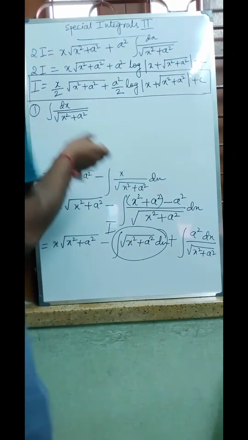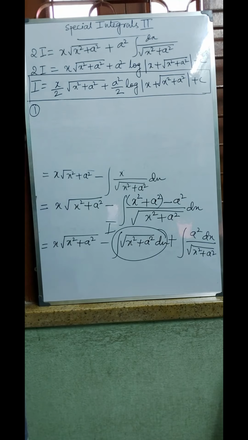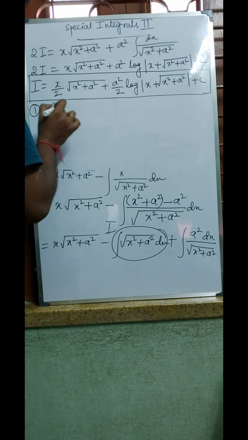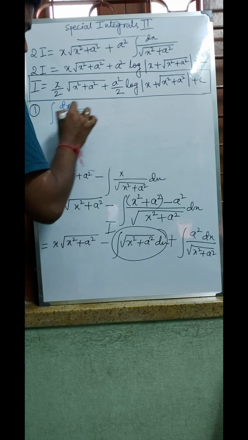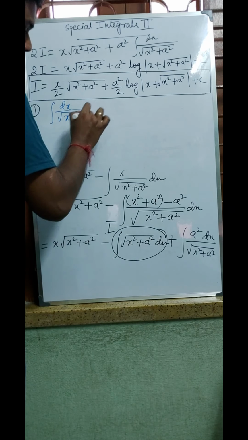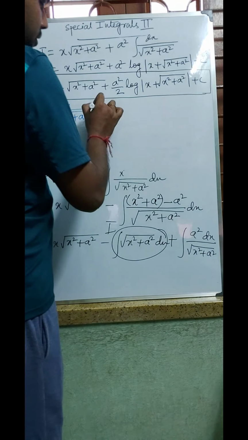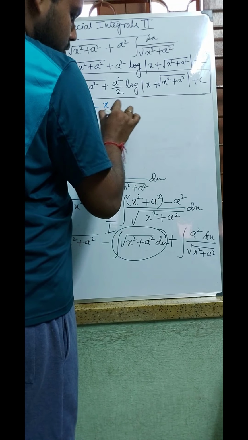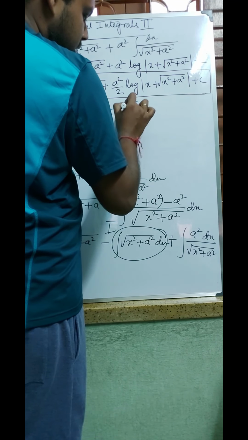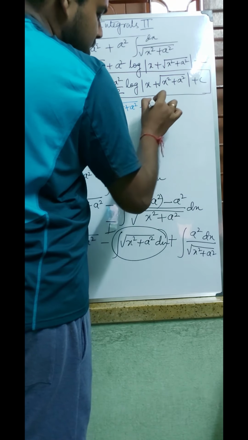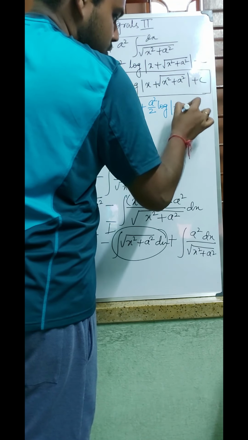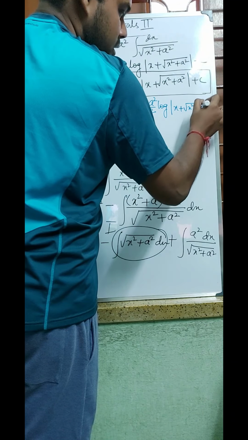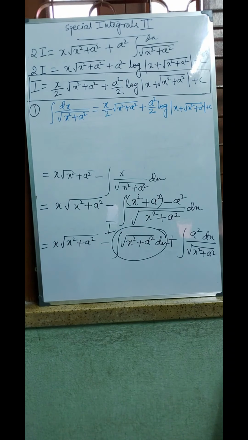So integration, I hope it is visible, under root x square plus a square dx, that is your x by 2 under root x square plus a square plus a square by 2 log of mod of x plus root over of x square plus a square plus c. This was the first formula.